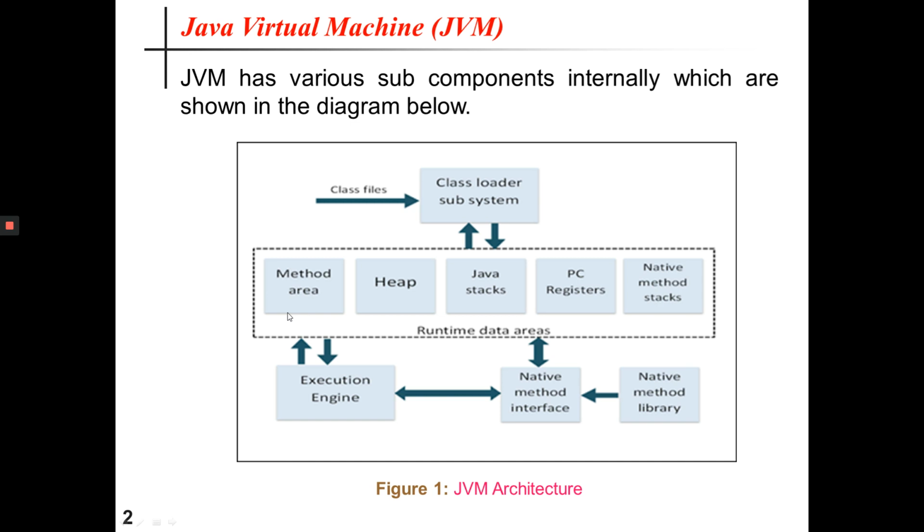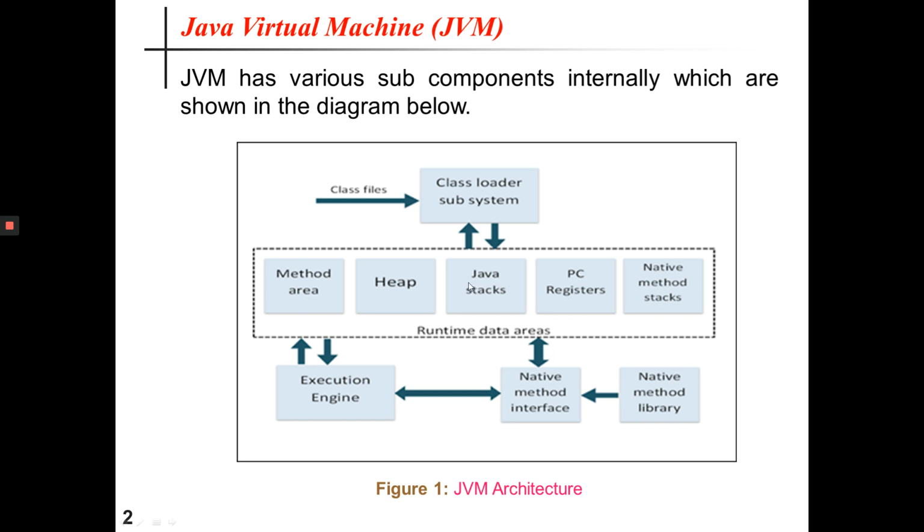Now method area basically stores class code and method code. So class code and method code is being contained by the method area. Heap. The objects are created on heap. Java stacks are the places where the Java methods are getting executed.